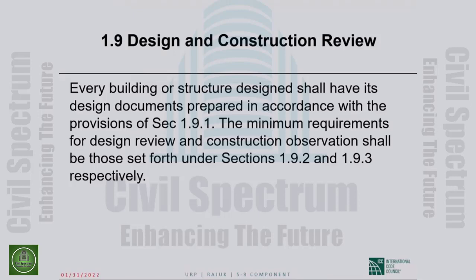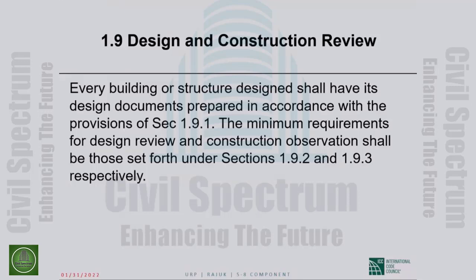So, every building or structure designed shall have its design documents prepared in accordance with the provisions of 1.9.1. We are in section 1.9, the minimum requirements for design review and construction observation.